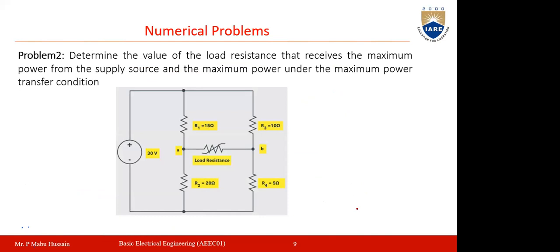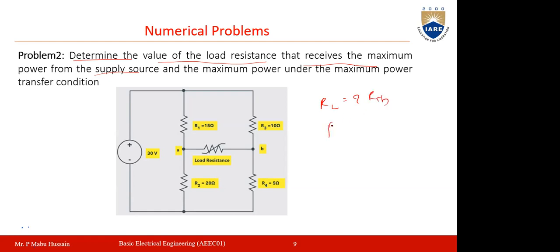Right. See another problem here. Determine the value of load resistance that receives the maximum power from the supply, and the maximum power under the maximum power transfer condition. Here they ask to find out the load resistance at which maximum power is transferred. So this will be equal to RThevenin.